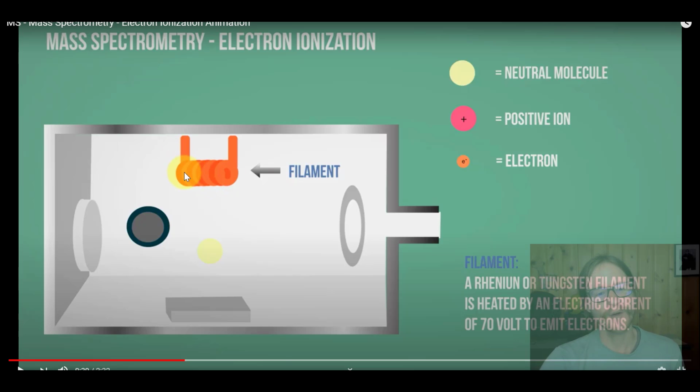At some point, if it's hot enough and there's enough energy in the electrons inside, and it's biased such that this is negative and the plate down here is positive, you can get what's called thermionic emission. Those negative electrons will have just enough energy to be ionized off of the tungsten filament, and they'll be drawn straight down to this positive plate.